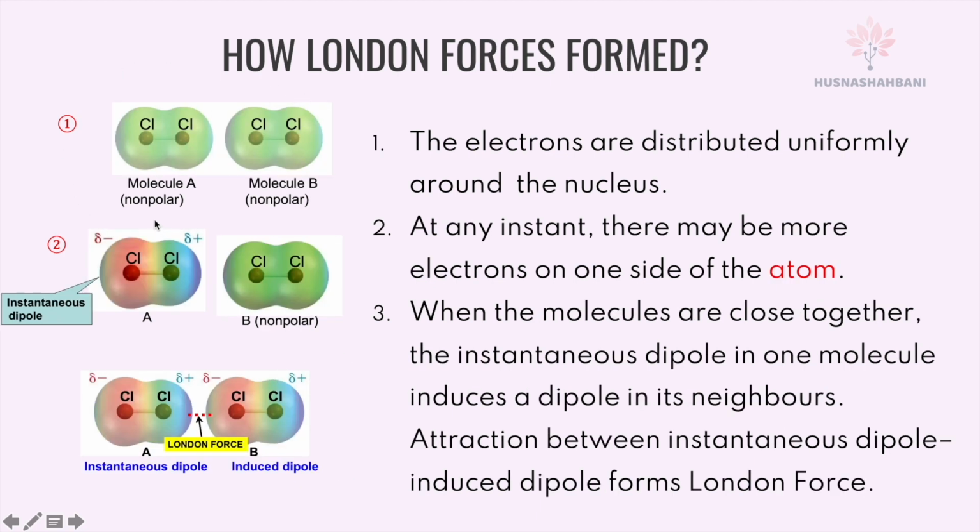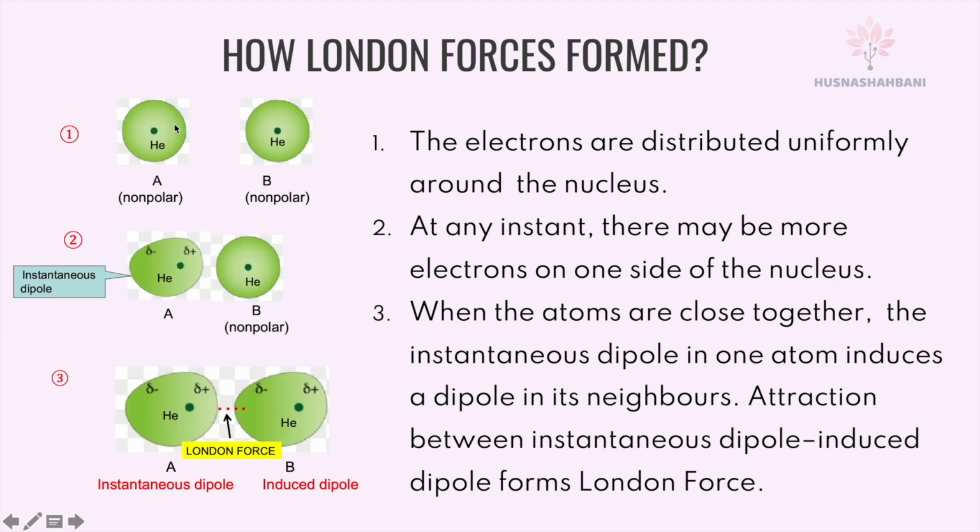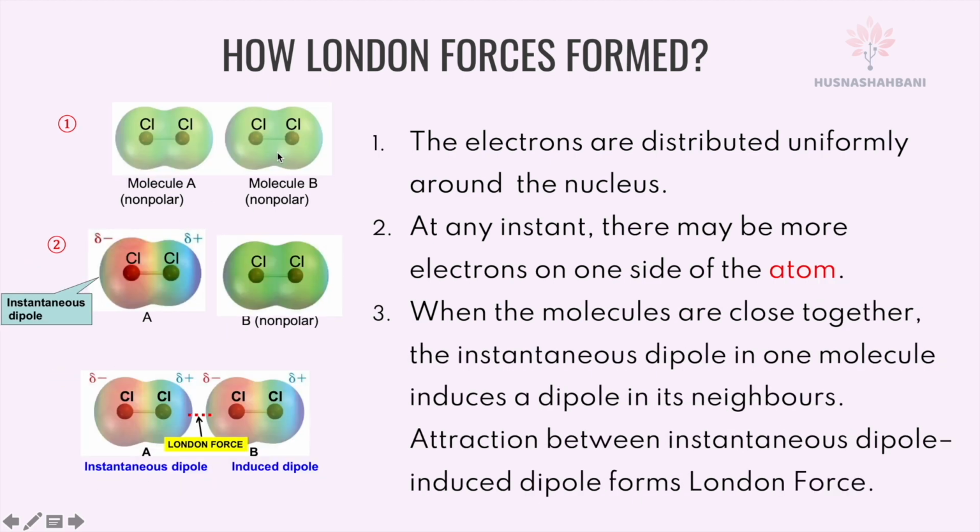Next example is between a nonpolar molecule and a nonpolar molecule. Previously we looked at atoms. Now it's between molecules. Again, the electrons are distributed uniformly around the nucleus. So this chlorine and chlorine have the same electronegativity, so the electrons are distributed uniformly.